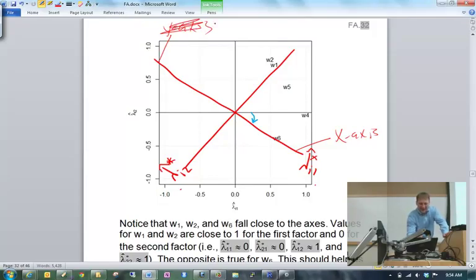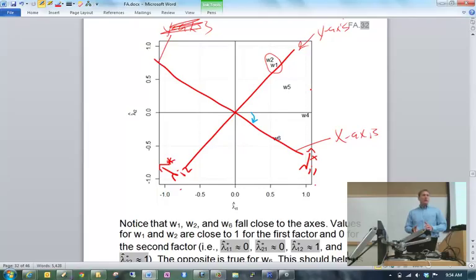Now what you could do is, given this new XY axis, you could find what the corresponding lambdas should be for W2 and W1, for W6, for W4, for W5 as well that you see plotted there.